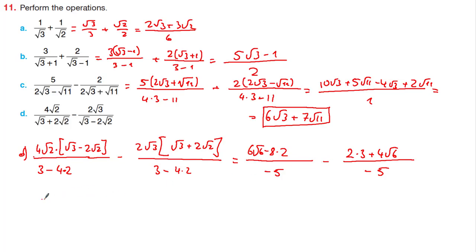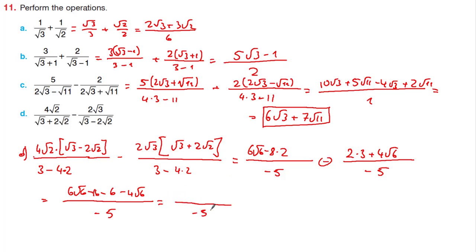Yes. And because we have a common denominator, negative 5, we have 6 root of 6 minus 16, negative 2 times 3, it's negative 6. Now negative 4 times root of 6, it's negative 4 root of 6. It's not positive because when we multiply this one here as well, we get negative number there.